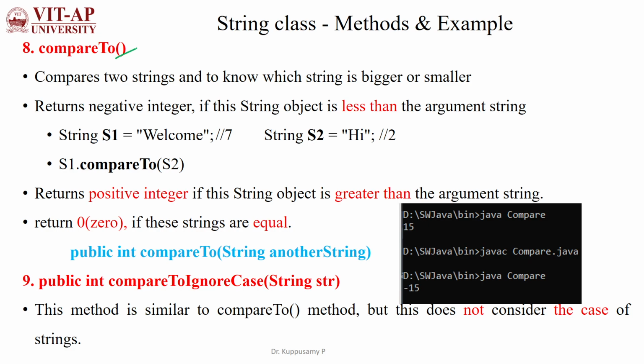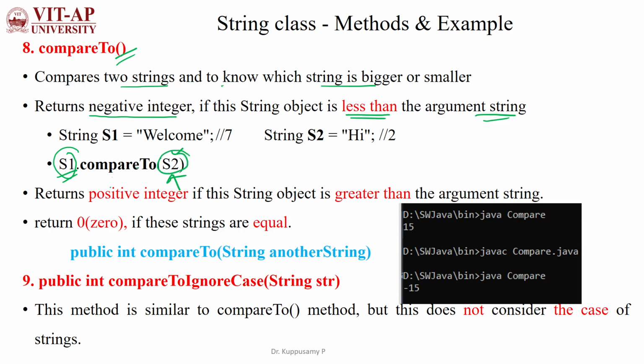And another one is compareTo, which compares two strings and tells which string is bigger or smaller. It returns a negative integer value if this string object is less than the argument string. You look at that, s2 is the argument string, and this one is the given string. So s1 is compared to s2, where s2 is the argument string, and it will return a negative integer if this string is less than s2.